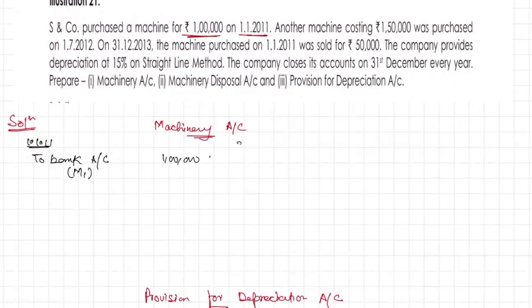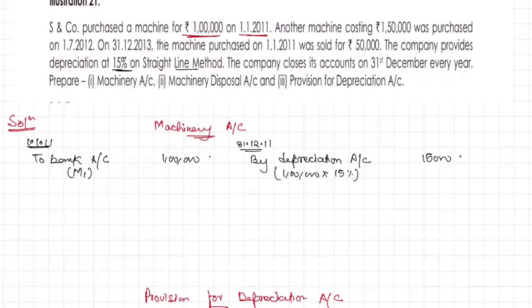Now what you used to do on 31st 12 2011, you used to write by depreciation, correct? So 15% straight line. So depreciation will be 1 lakh into 15%, 15,000. We used to write that.